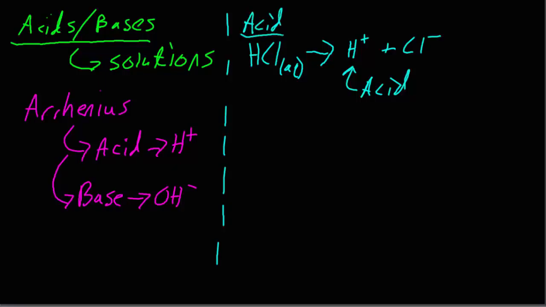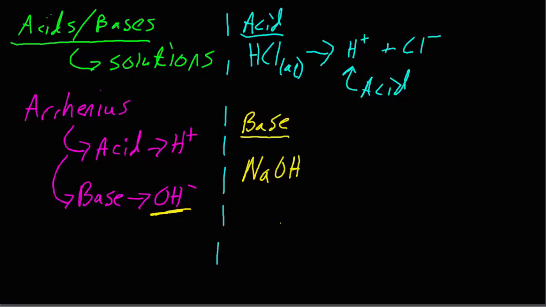In a similar idea, we have the base. We just said a second ago that when bases are in solution, they will produce OH minus. A common example of this is sodium hydroxide, which is a strong base and a pretty classical example. NaOH is sodium hydroxide, and it is a base.